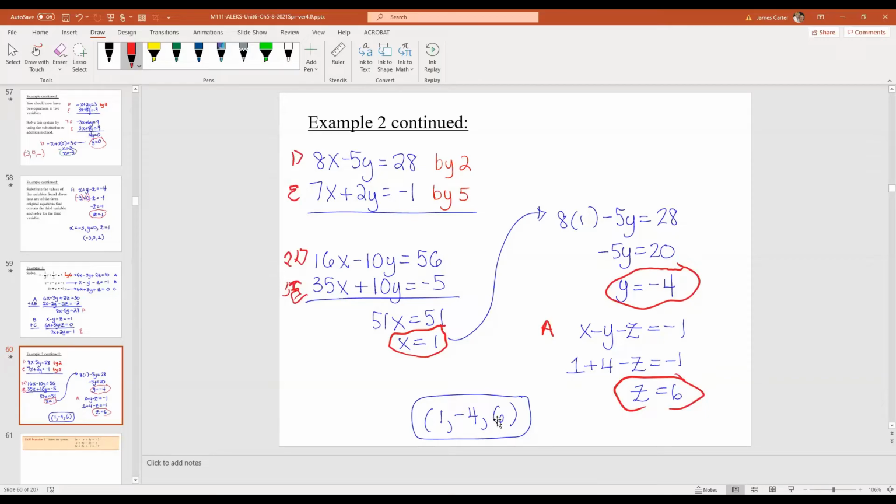So then our ordered pair is the point 1, negative 4, 6. As you see, with the exceptions of labeling the A, B, C, D, E instead of equations 1, 2, 3, 4, 5, the method on my sheet is identical to what we're doing on these problems.